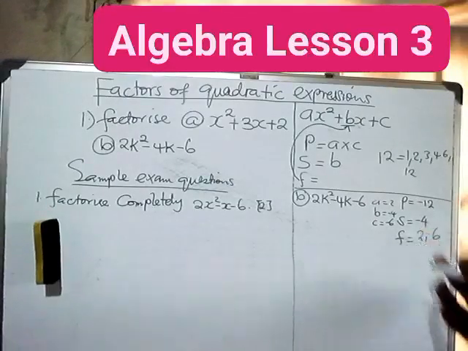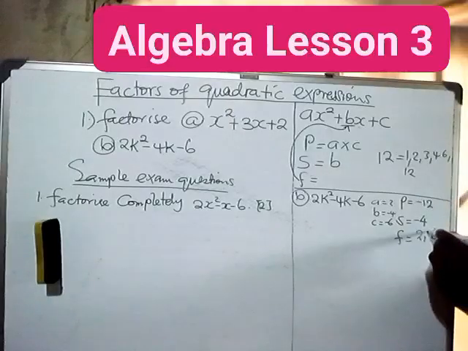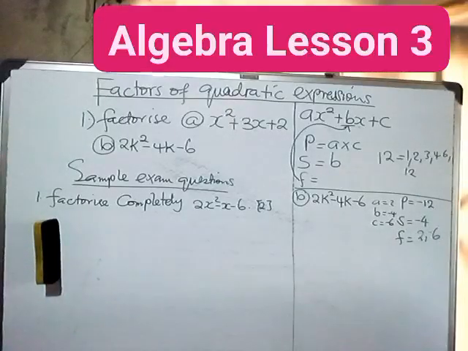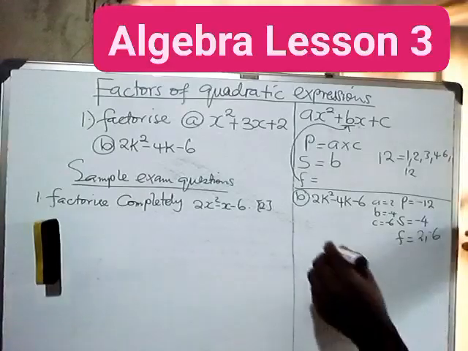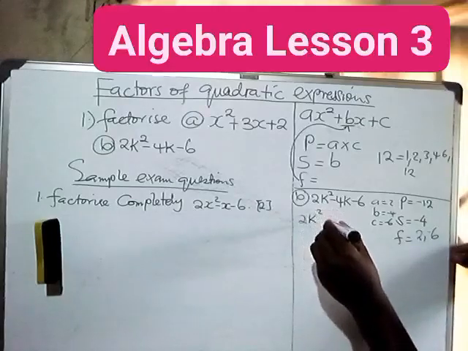But when you add these two, can you get negative 4? No, it will be positive 8. Meaning one of these has to be negative. Which one, 2 or 6? In order to have a negative answer, the bigger number has to be negative. So we are going to have negative 6, because 2 plus negative 6 gives negative 4.